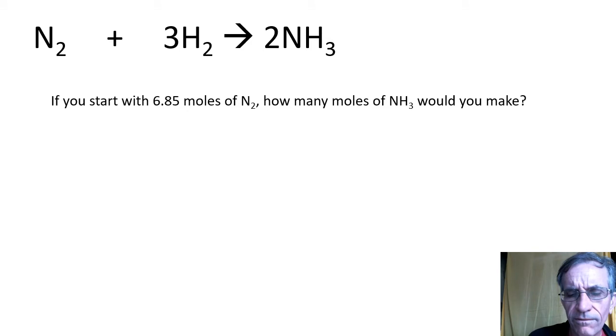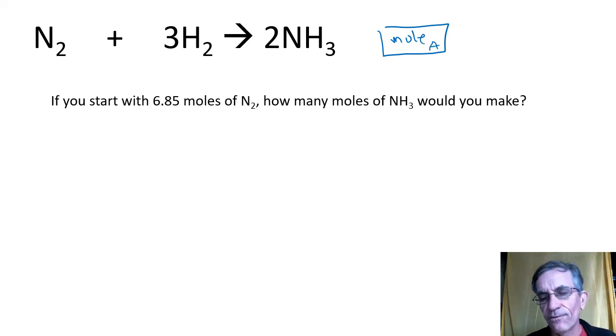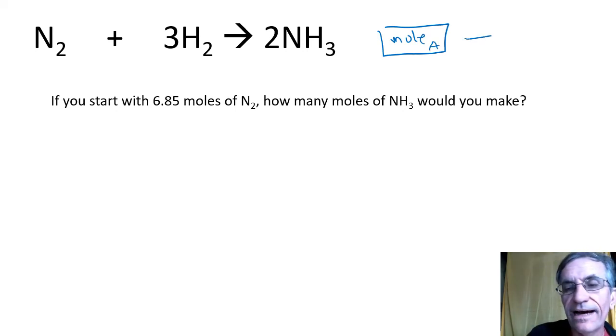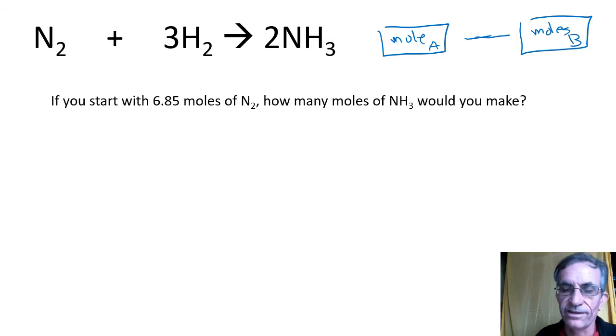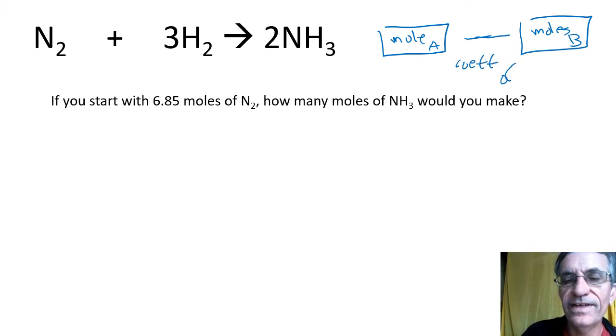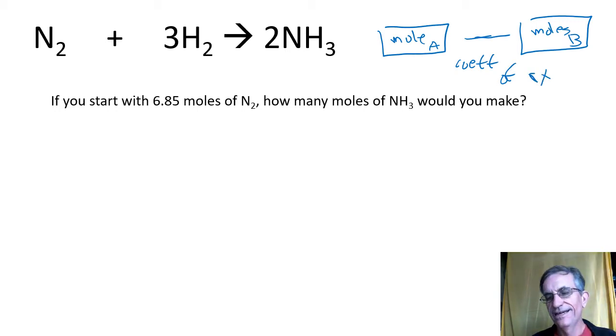If you know how many moles of one thing you're using in a reaction, so we'll say moles of compound A, and I want to figure out how many moles of somebody else, we'll call that B, are in the reaction, the way you go from moles of one thing to moles of another involves your coefficients. So the coefficients are really conversion factors that have to do with how many moles of one thing are going to be involved compared to somebody else.